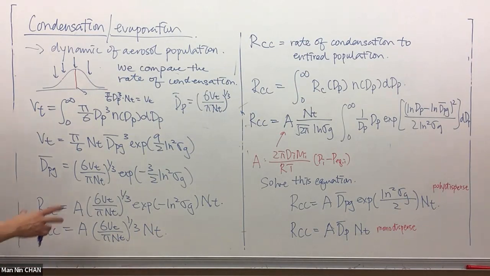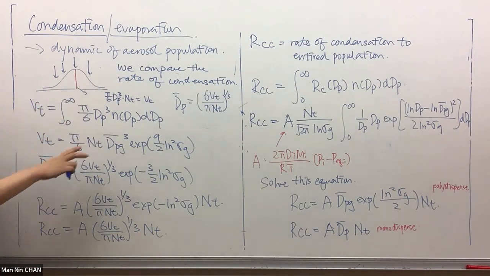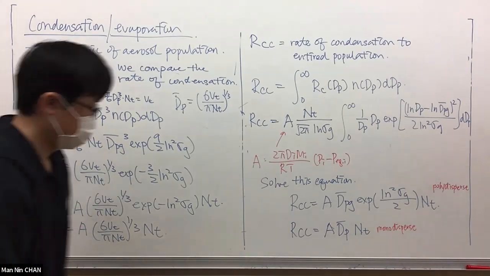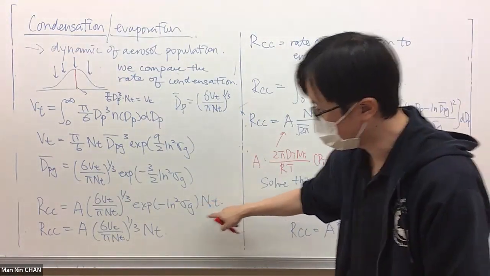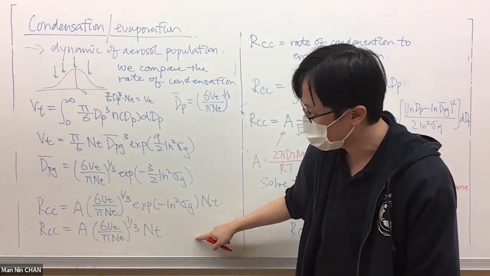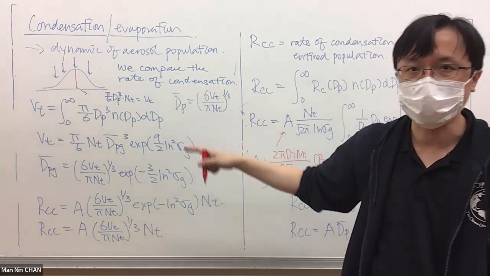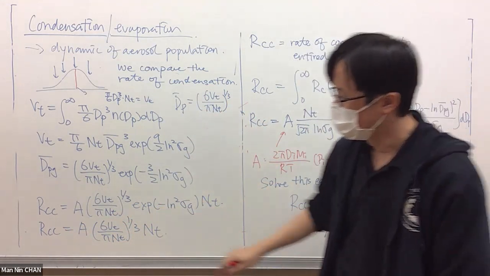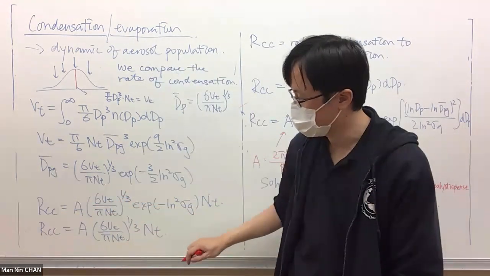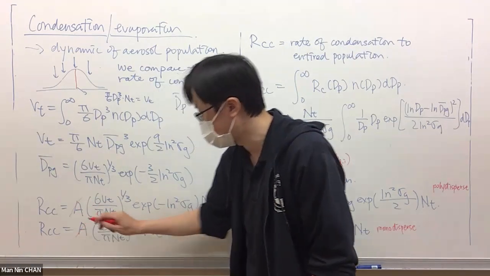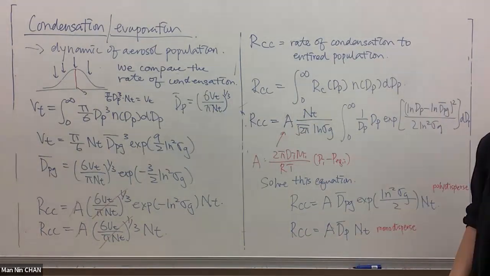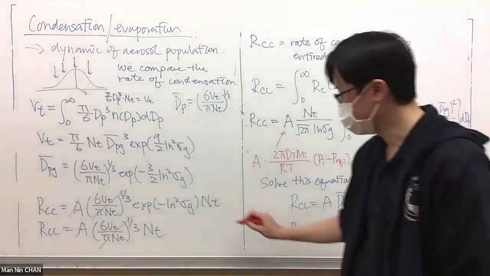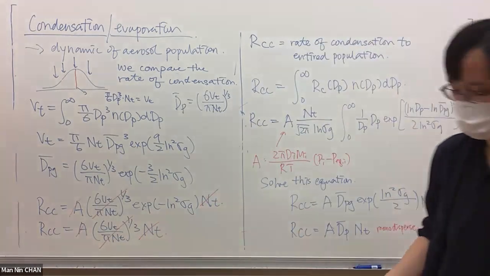Okay, now you can see that if these two size distributions have the same properties, same NT and VT, and this top one is for the polydispersed, the bottom one is for the monodispersed, assuming you have the same total property, then if I take the ratio of these two, you will find that I don't need to worry about the A. This term will also cancel, and the NT will also cancel.